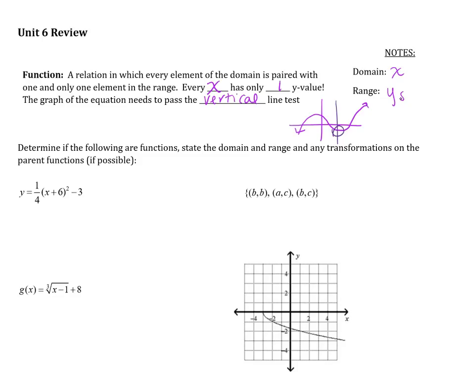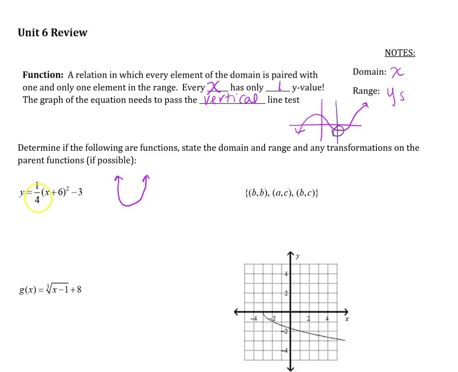Based on what you would have just reviewed with Unit 4, you should know all about parabolas. I see a y equals parabola with a leading coefficient that's positive, so that means it's going to open upward in the y direction. That does pass the vertical line test, so yes, that is a function.